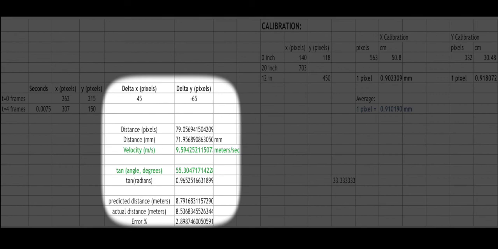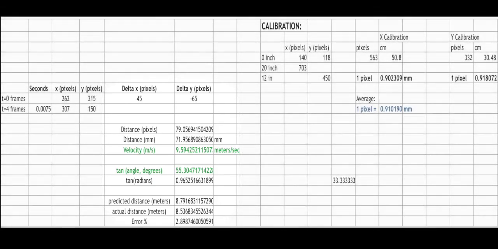Putting these into the equation, I got a predicted distance of 8.791681 meters, and the actual distance the ball traveled was 8.5368345. So this means that the error percentage was a very small 2.898746. Therefore, I proved that the projectile motion formula works.